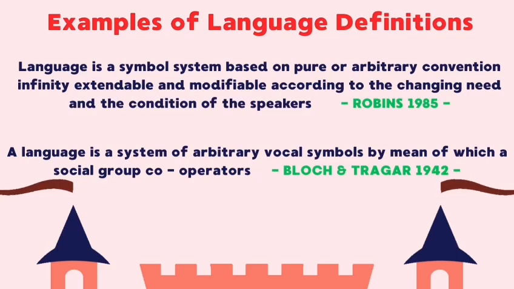We all know some linguists give definitions about languages or the subject. Today we want to discuss the language definitions. The first one I would like to express is Robbins' definition. What is Robbins' definition of language? He says language is a symbol system based on pure or arbitrary convention, infinitely extendable and modifiable.